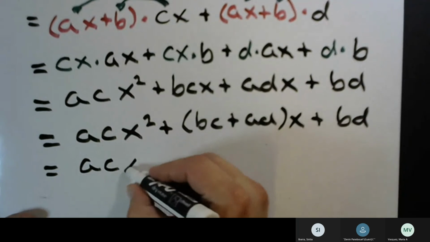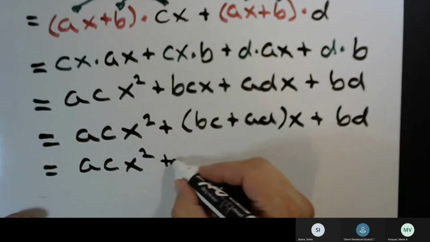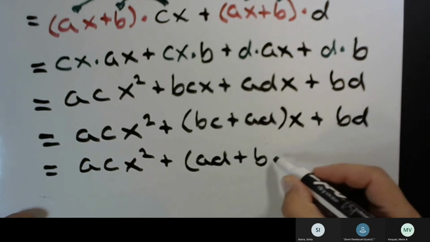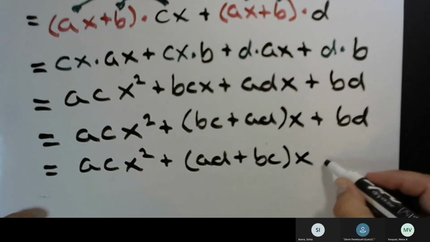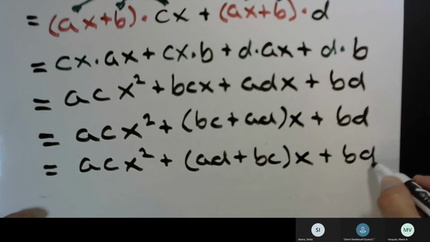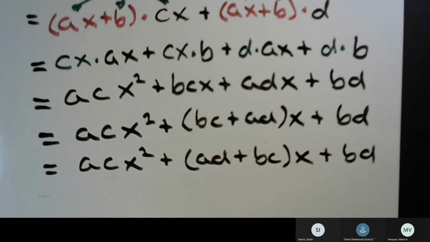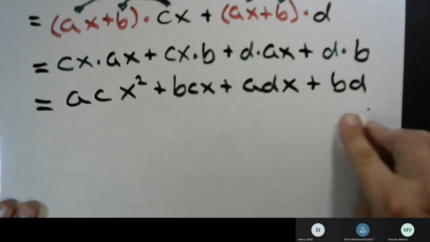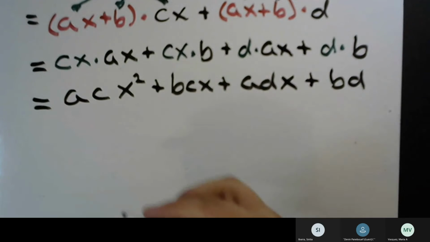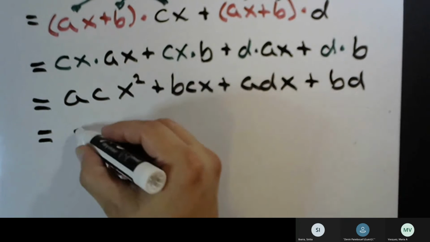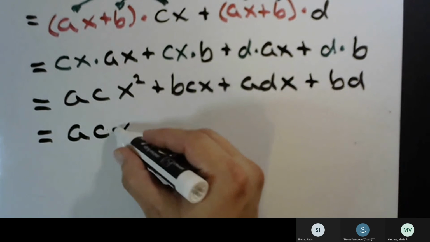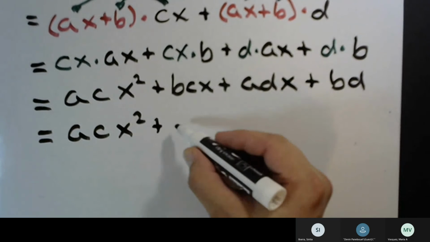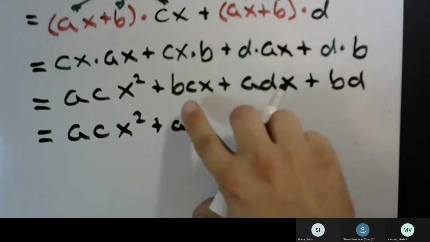So we can rewrite this as ax squared plus a times d plus b times c x plus bd. In fact, you know what? I'm going to back up a bit. I'm realizing something. We don't need to factor out that x. I apologize. I'm going to go back. We can just switch the order on these two terms. And again, the reason is addition, order doesn't matter.